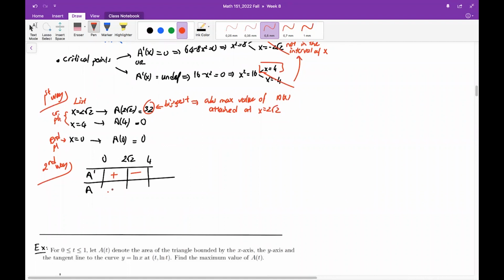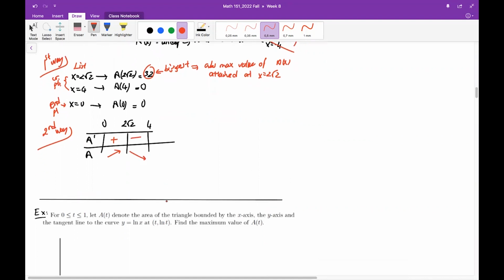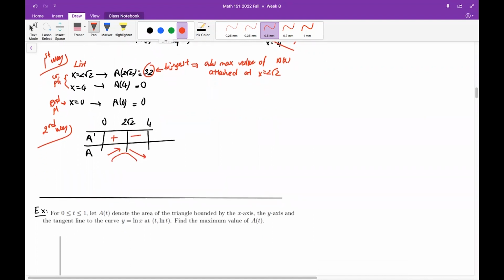Positive first derivative means that your function is increasing. Negative first derivative means that your function is decreasing. So your function has a shape like this, proving that exactly at this point, your function gets its absolute maximum value.